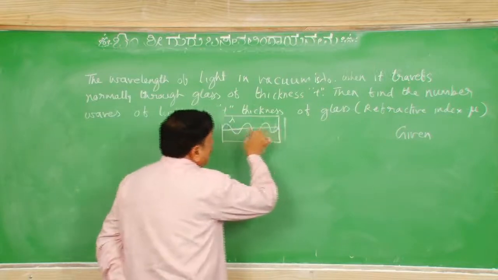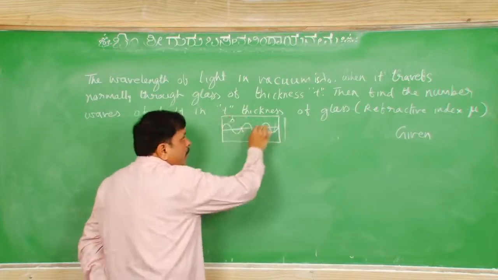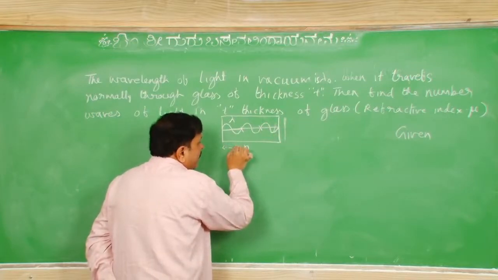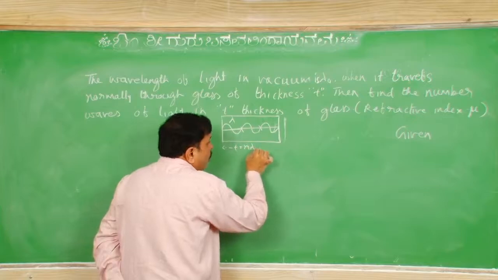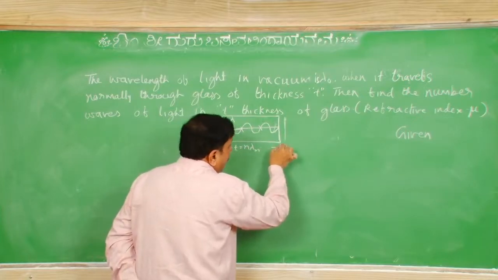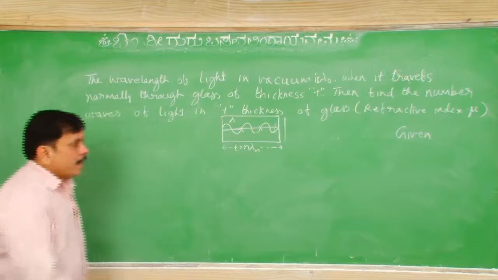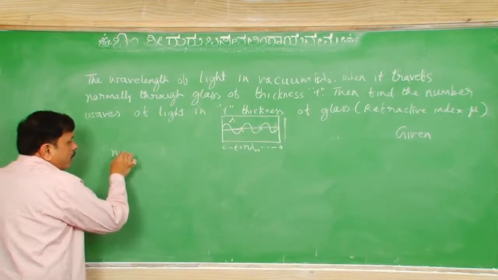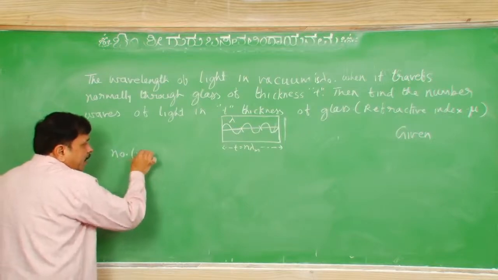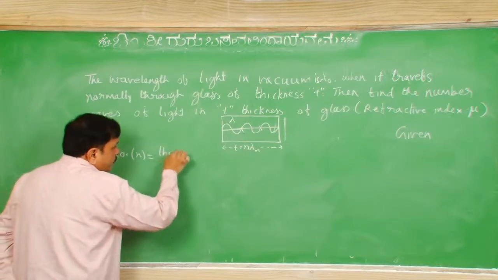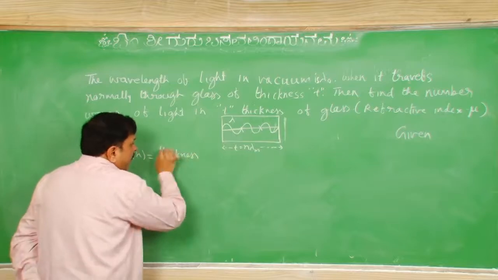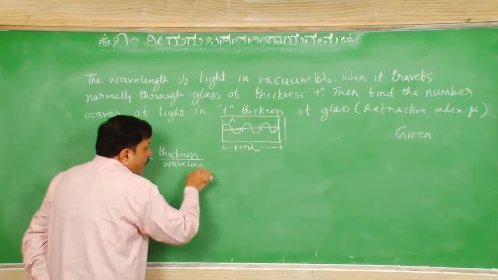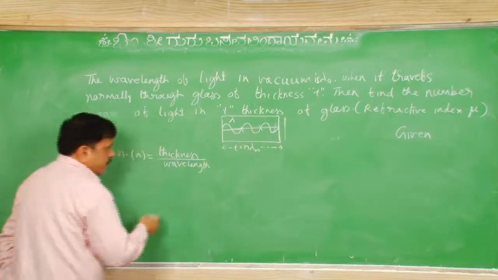Then we can write here 1 lambda, 2 lambda, and so on. It means thickness can be written as T equal to n into lambda, where lambda is in the medium. So now we will use the formula: number n is equal to thickness divided by wavelength, from this concept.